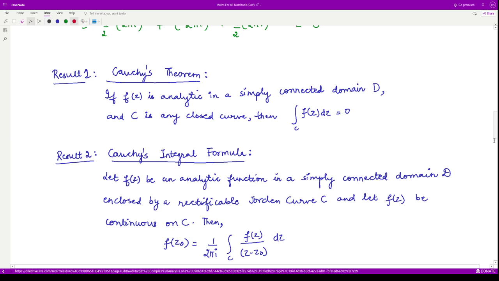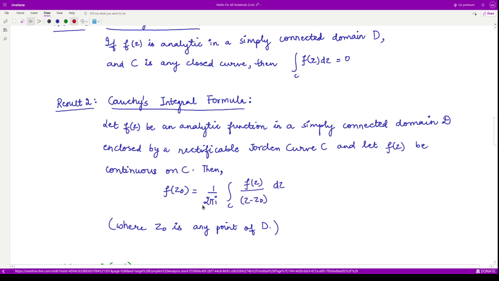In our case we are to calculate, 1 upon 2 would come out, and we are to calculate 1 upon z dz over the region C1, right? Here we see that the trouble is at point z0, so I'm taking z0 to be 0. So here basically our function f of z would be 1.